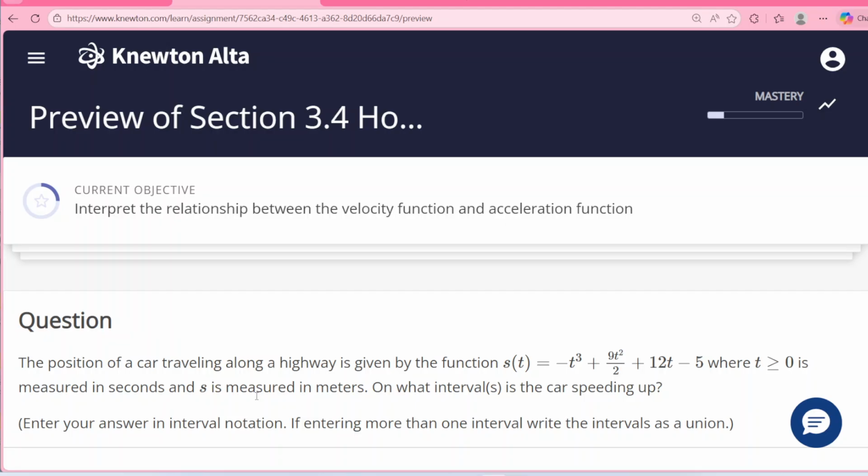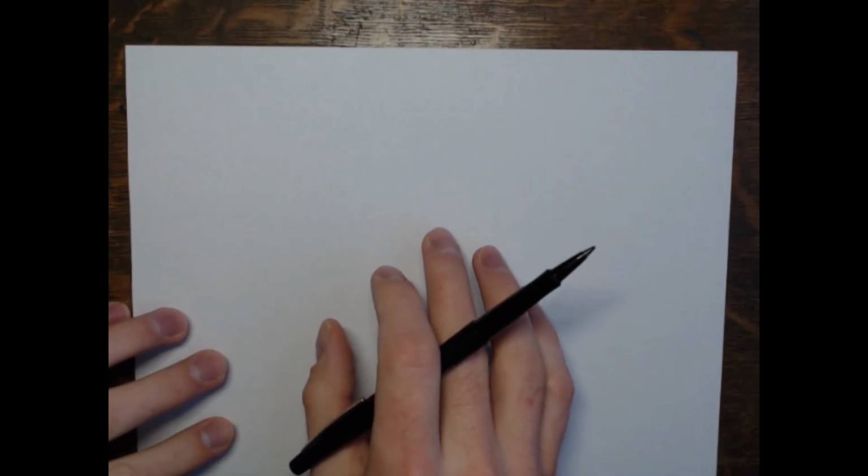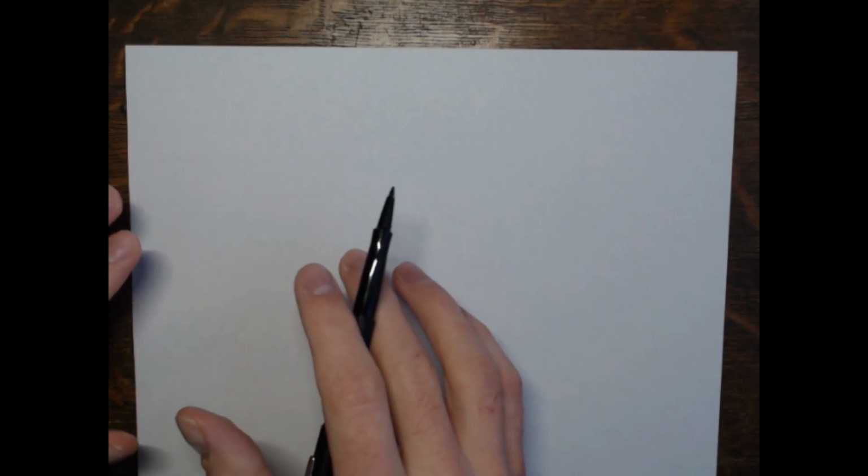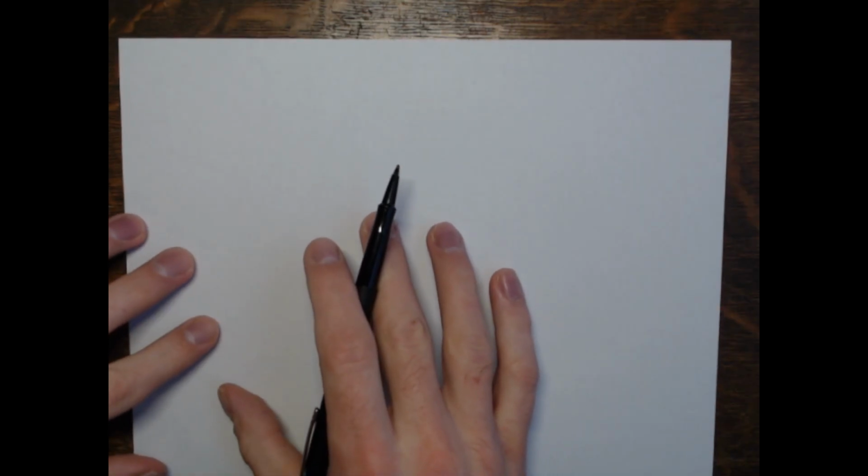Like the first question from this objective we did, I'm going to write this out. It's another nice polynomial one, so it shouldn't be too hard to find the derivative and then also determine where values are positive or negative or 0. Because they're polynomials, the value will never be undefined.